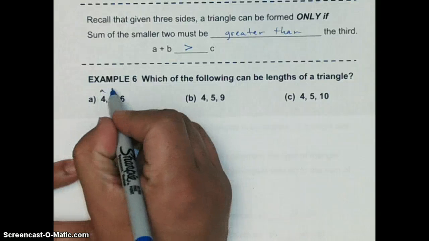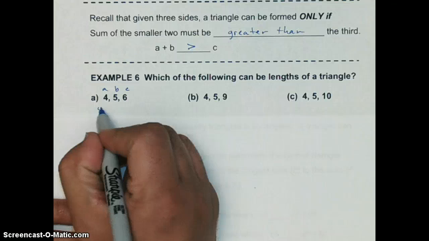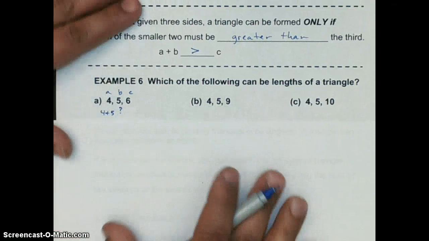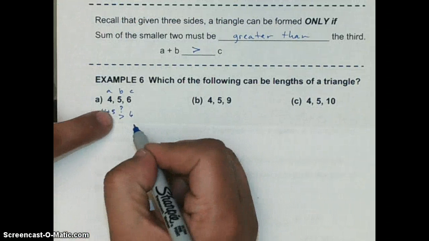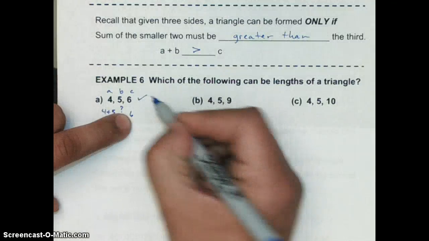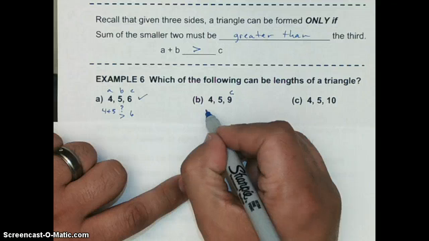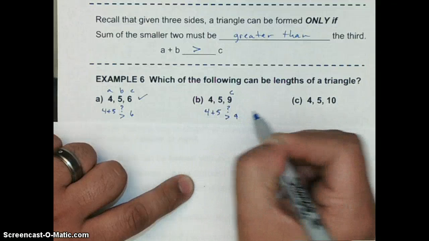So if this is A, B, and this would be C, because that's the biggest side, is 4 plus 5 greater than 6? Well, yes, 4 plus 5 would be 9, so that would be greater than 6, so this would make a triangle. If I looked over here, this would be my C. Is 4 plus 5 greater than 9?